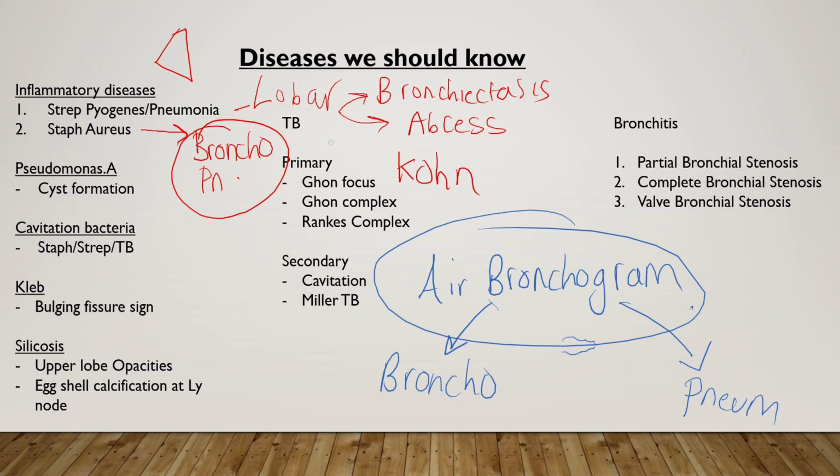Abscess is a complication. Also, one thing she mentioned in the lecture is the idea that transmission can occur through pores, and the name of the pores, which you should have in your mind, is Kohn. Not Kohney, Kohn. The pores of Kohn. And the pores of Kohn is basically a passageway between adjacent alveoli.